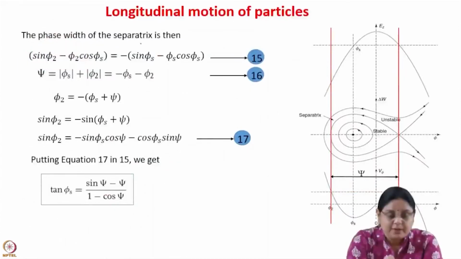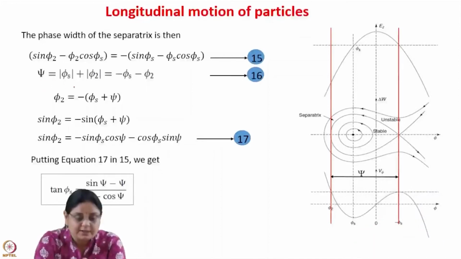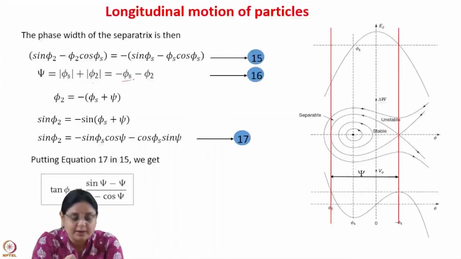So the phase width of the separatrix psi is given as the modulus of phi s plus phi 2. If you remove the modulus, you will get minus phi s minus phi 2. So from here, phi 2 is equal to minus of phi s plus psi. You can take sine on both sides, so sine of phi 2 is equal to minus sine of phi s plus psi.